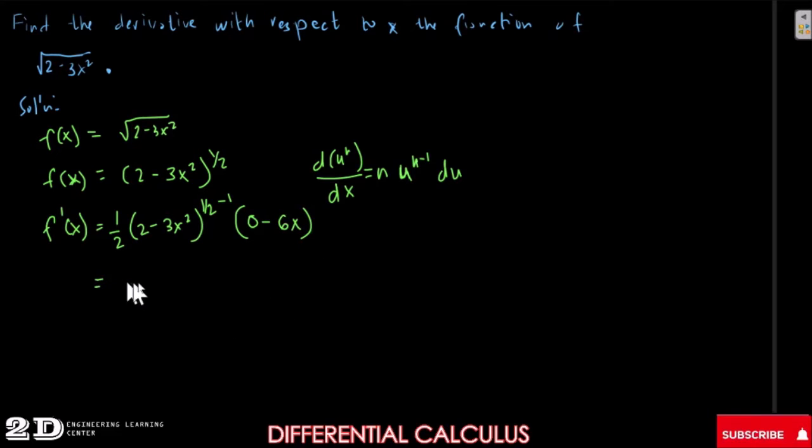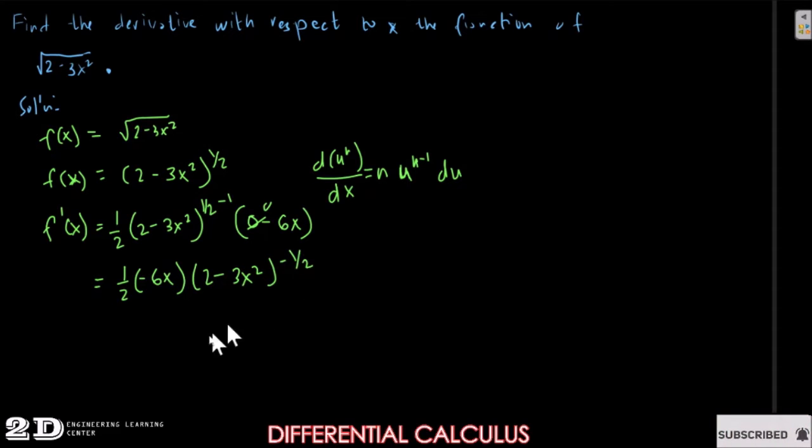Okay, so we are going to simplify. We could neglect this one because that is 0. We have 1/2 times negative 6x times 2 minus 3x squared to the negative 1/2. So this one is 1/2 times negative 6, so we will have negative 3x.